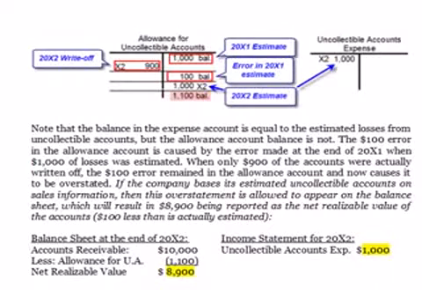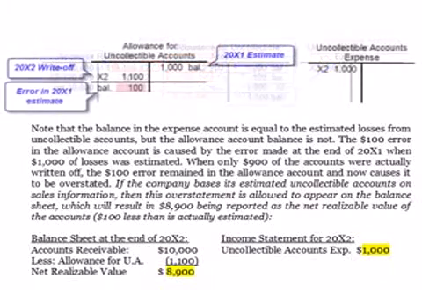Since we overestimated the write-offs by $100, we have a credit balance remaining in the account. Had we underestimated them, and the write-offs were, say, $1,100, a $100 debit balance would be left in the account. Since our estimate will never be perfect, this will be the norm. We should expect that there will be a debit or a credit balance, hopefully a small one, left in the allowance account at the end of every accounting period. What do we do about this?